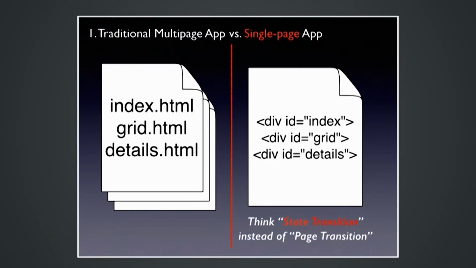Well, again, we said a single page app is a single page app. And what that means then is you load the page once, and rather than doing coarse-grained request response cycles, what you end up with are divs that you programmatically show and hide throughout your application. This is so significantly different.